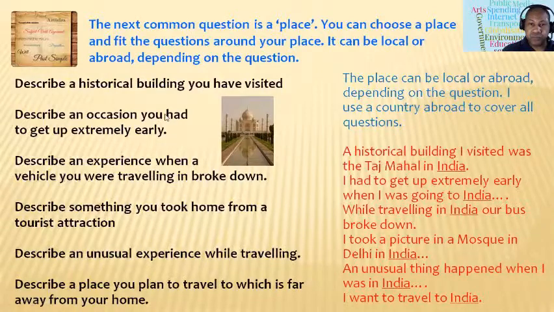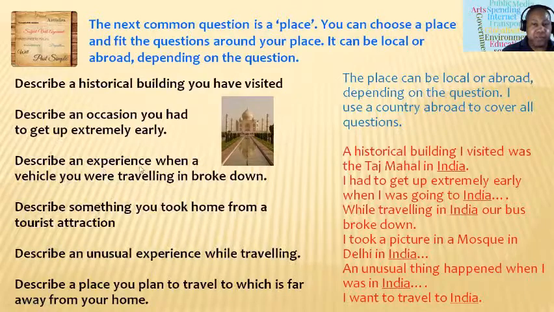That talk about something that you can group together. A historical building could be in a place that you visited. It's a place. Yes. You got up extremely early to go to a place.